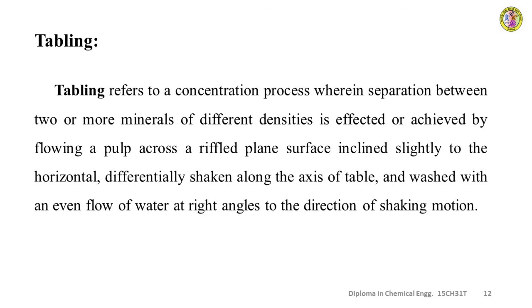Basically, a table has a riffled surface so that the minerals having higher density are collected on the table, while the minerals having lesser density are carried across the table by the fluid force. That way we can separate out the particles according to their difference in densities in a tabling operation.